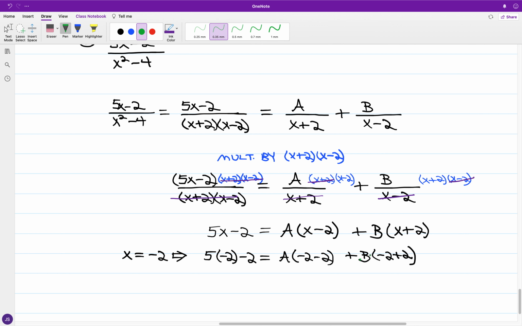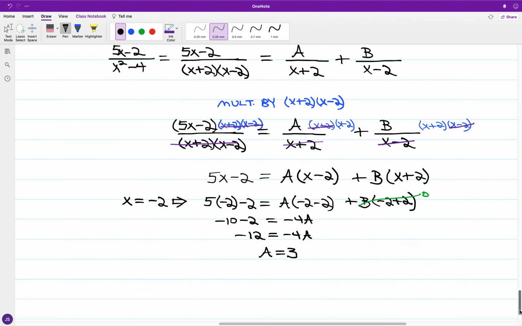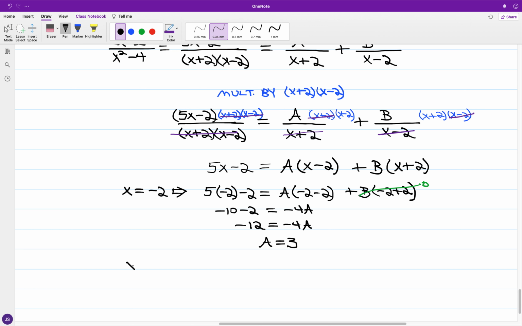So B again is going to be zeroed out. To the left I have negative 10 minus 2 is equal to negative 2 minus 2, which is negative 4, times A. So we have negative 12 is equal to negative 4A, and with division, A ends up at 3.